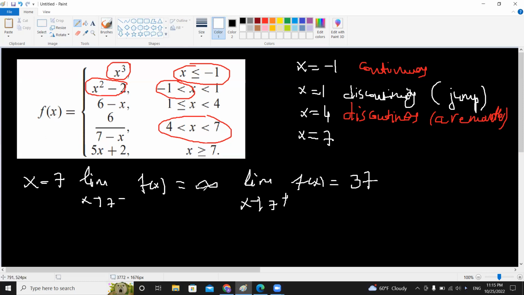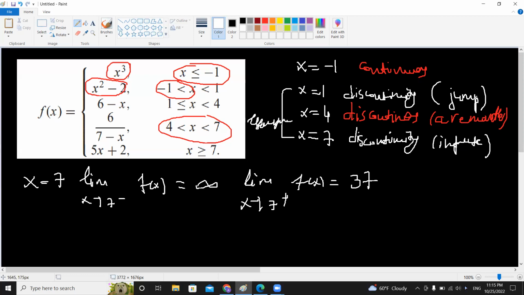So you can see they are not equal, the limit doesn't exist, and obviously we have discontinuity here, which is an infinite discontinuity.